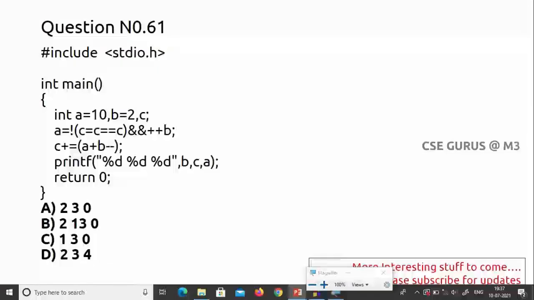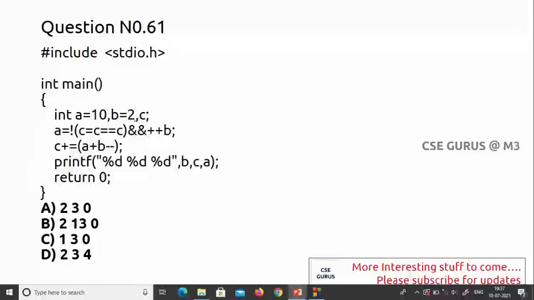Now can you try this one? What is the answer for this one? A equals 10, B equals 2. This is one expression given. You can see double AND is there. How do you have to consider? The first thing to observe is inside the braces: C double equals C. I told you first the relational.